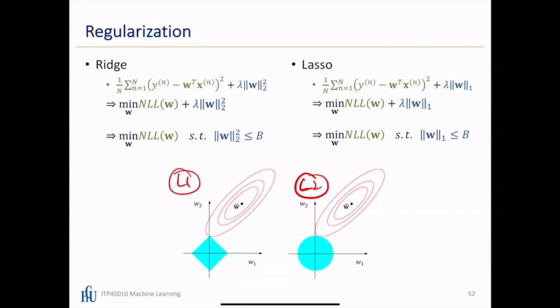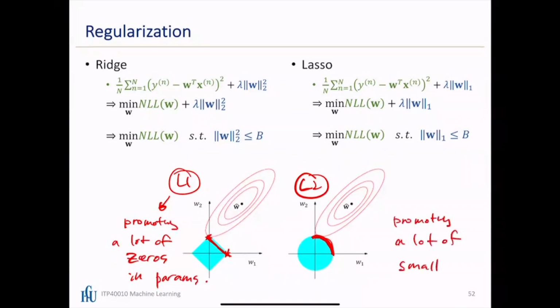The constraint space of Ridge is a circle, so if you expand the contour of W, it may meet anywhere on this curvature, but things are straight here. So if you expand your contour, it may meet one of the points on the axis. This is illustrating why L1 is promoting parameters of 0, and L2 instead promotes small parameters.